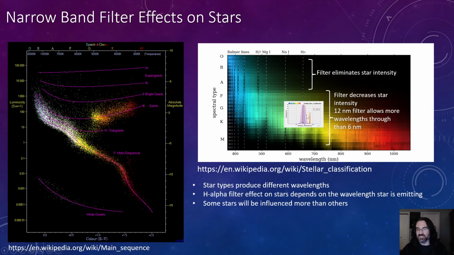So I've approximately laid the bandpass of the filter on top of the H alpha line here to say that this filter should only pass wavelengths corresponding to here and should be cutting all other wavelengths. If it's more of a blue star, this filter may entirely eliminate the star. If it's some of these other types of stars, it will probably just attenuate it, depending on how much of that star's emission aligns with the H-alpha emission. Some stars will be influenced more than others.